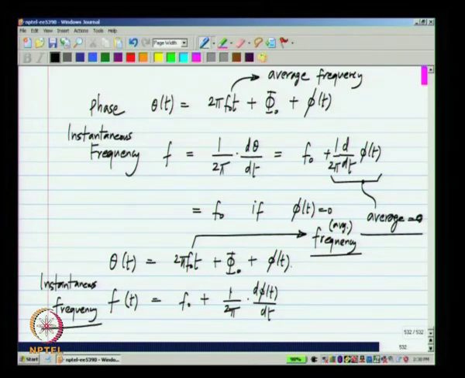Now, also because we have phi of t that is time varying, it can be varying at a certain frequency. So, we will also use the term frequency in connection with that. That is, this phi of t itself could be a sinusoid at some frequency. That frequency has absolutely nothing to do with this f naught. It could be coincidentally related to f naught, but it in general has nothing to do with it, and it has its own frequency. Similarly, we will not deal with instantaneous frequency too much, we will deal with this instantaneous phase.